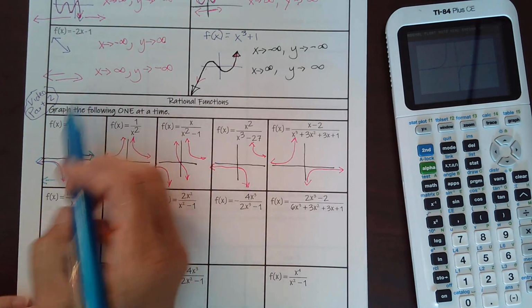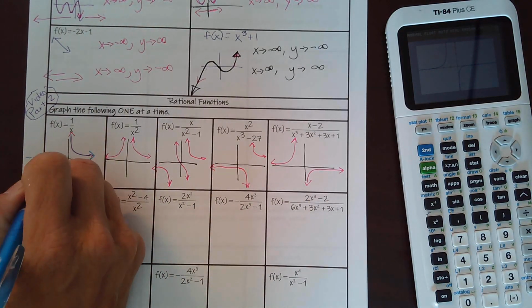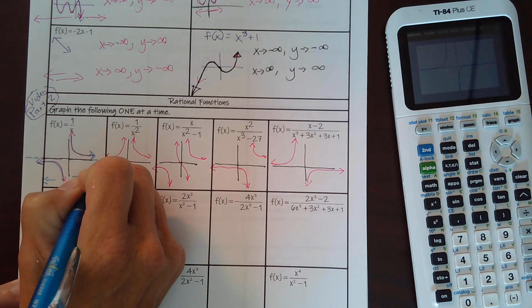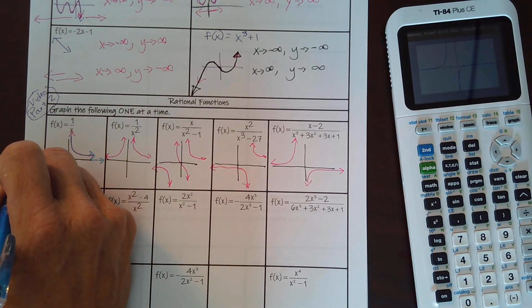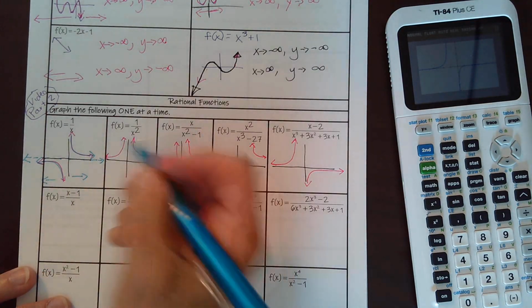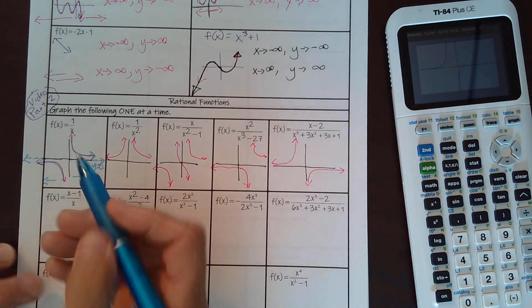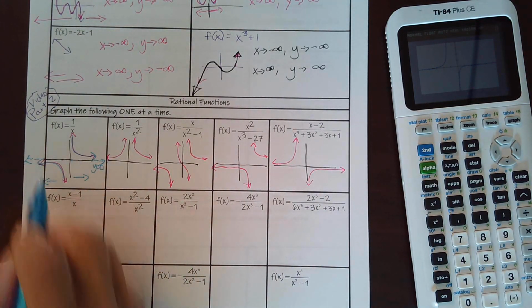Well, notice that each of these appear to get very, very close to a horizontal line or a horizontal axis. In other words, they get very close to y equals 0. And this is a horizontal asymptote.